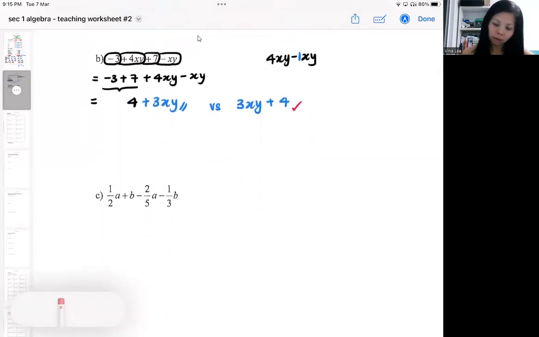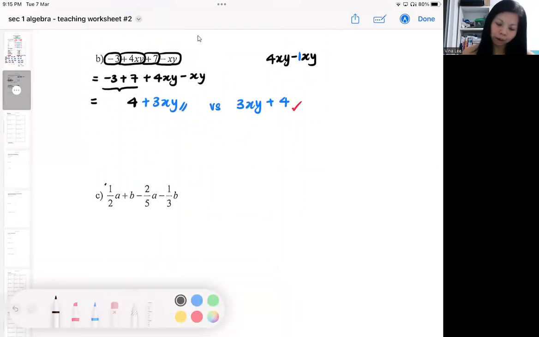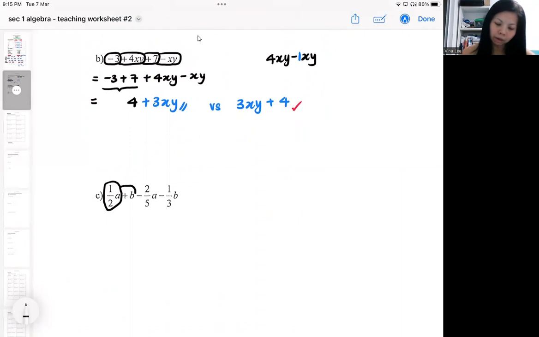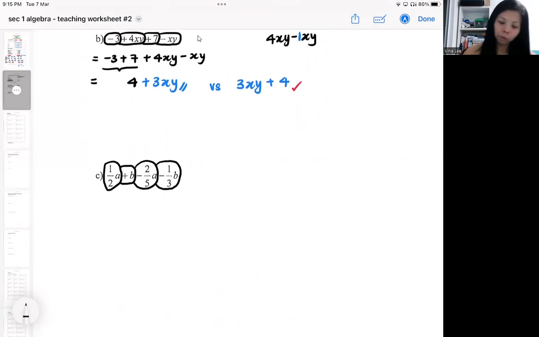So in the next one, we got the algebra A, the family of A, family of B, family of A, and family of B. So put the family together. A family together, B family together.